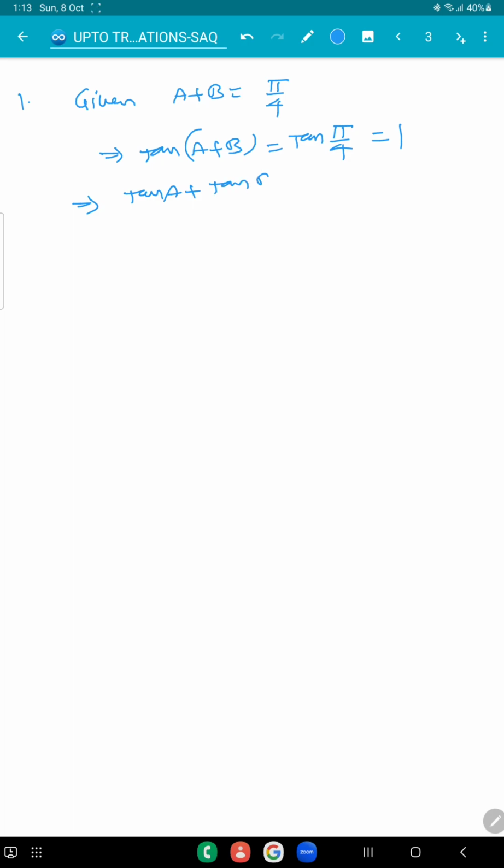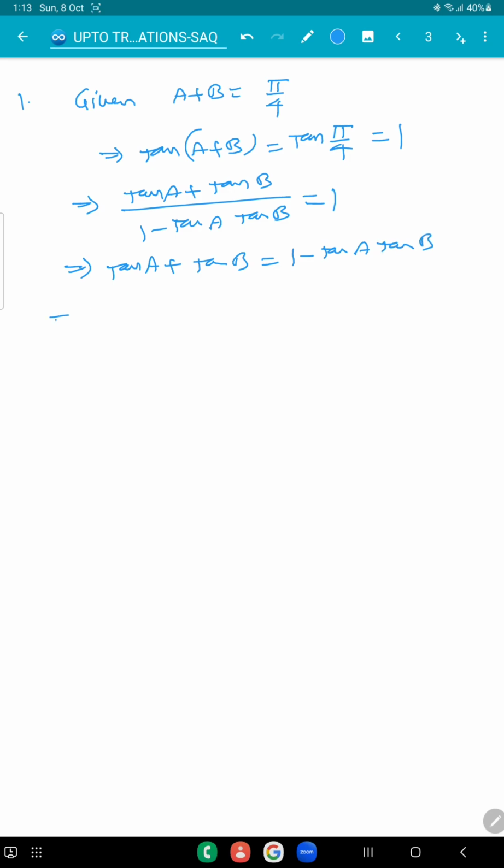Tan a plus tan b by 1 minus tan a tan b is equal to 1. So cross multiplication, tan a plus tan b equal to 1 minus tan a tan b. So writing this negative term into the left hand side, tan a plus tan b plus tan a tan b is equal to 1.